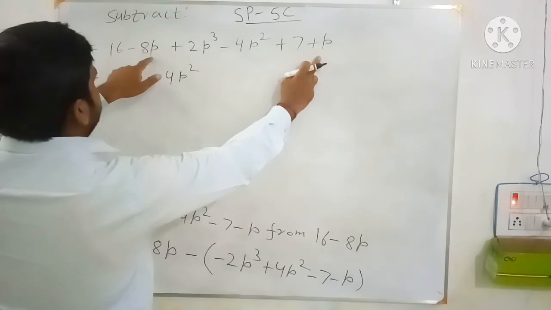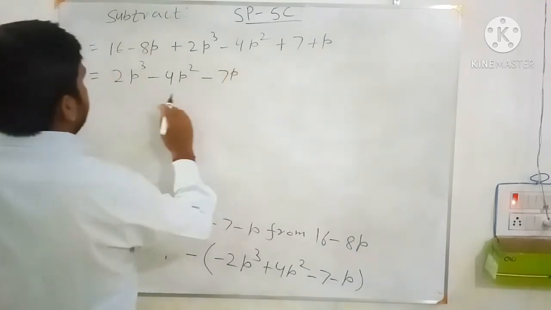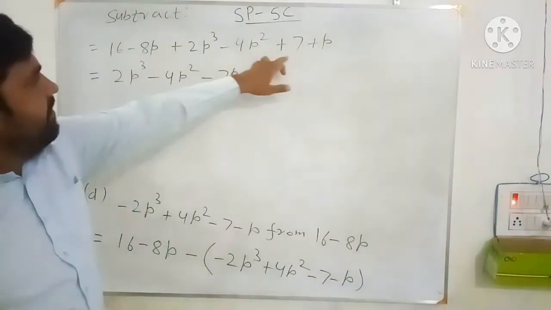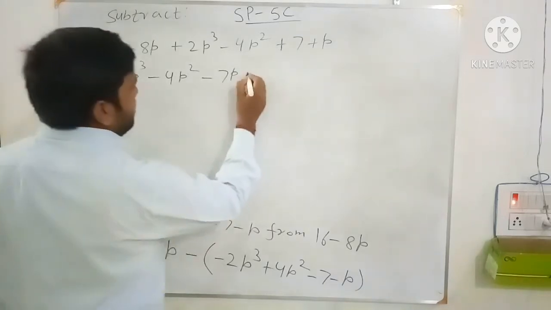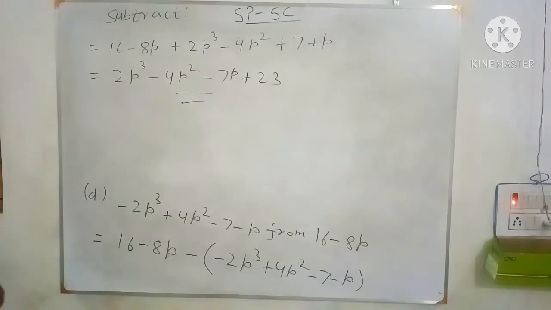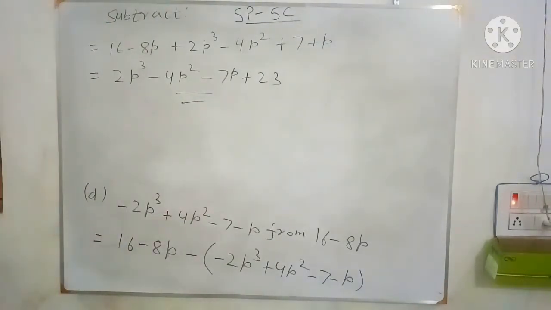Minus 8p and plus p gives you minus 7p. After that you can write the constant term. 16 plus 7 gives you 23. So that is the answer: 2p cube minus 4p square minus 7p plus 23. That is the final answer.